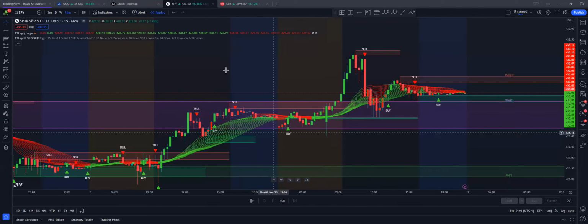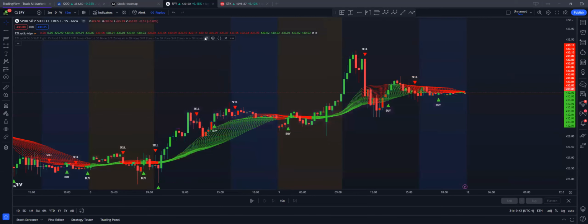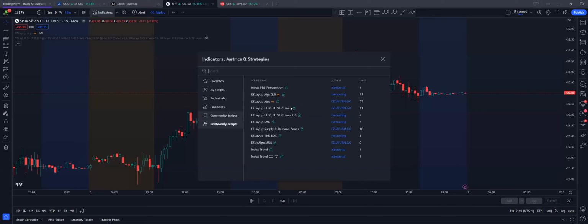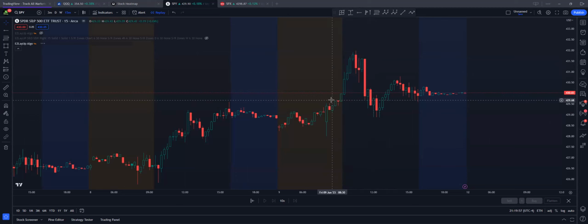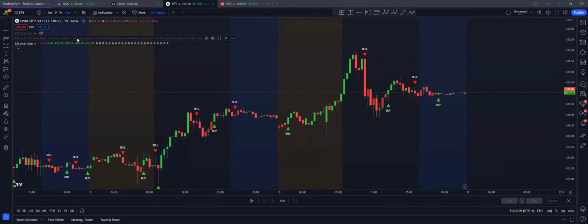Oh, it's the smart money concepts one. Hold up. Let me find that. I'm sorry, I forgot we had that. So they have the box. I don't know. It's probably version 2.0, right? Is it version 2.0?